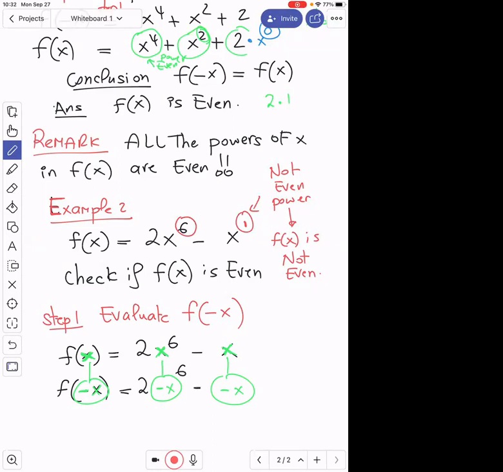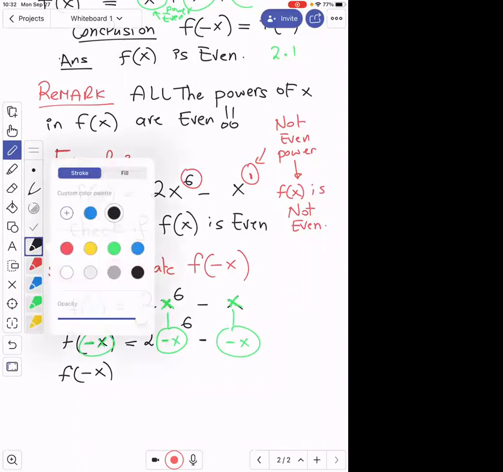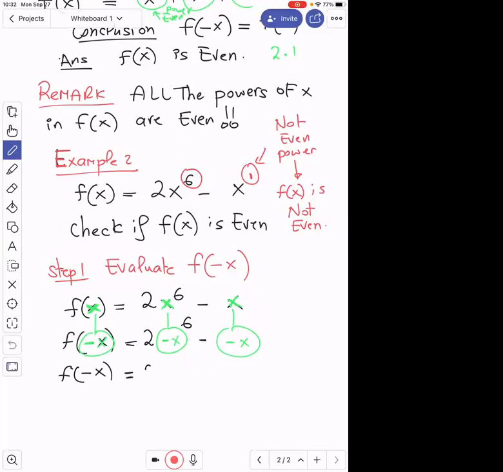Now we'll see the importance of the parentheses, guys. So f of minus x equals 2 times negative x between parentheses, to the power 6 outside, then there's a minus, again with parentheses and minus x inside.